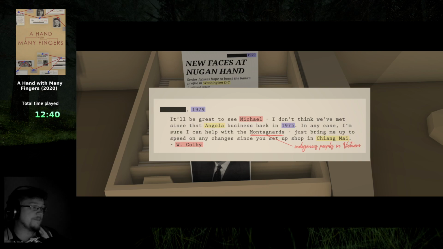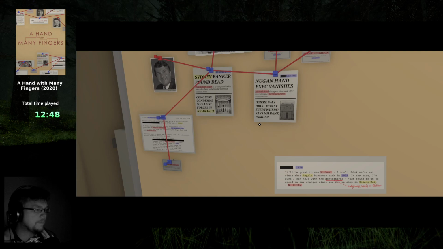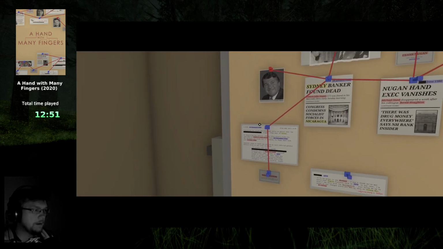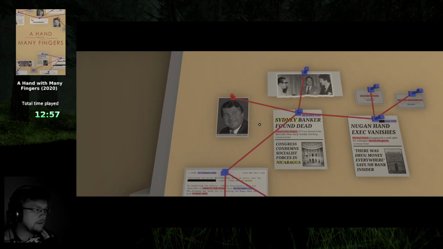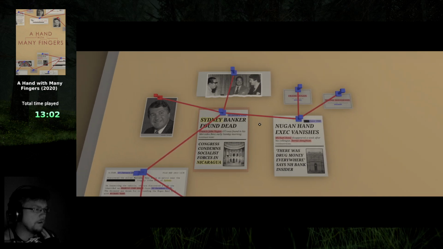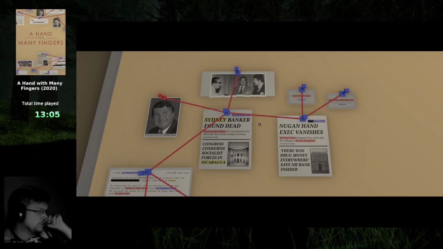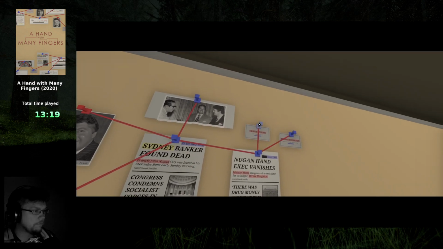So Vietnam. This is about Colby. I guess we should start with the assumption that this wasn't a suicide, and we need to figure out who killed Nugan. So that's not right.